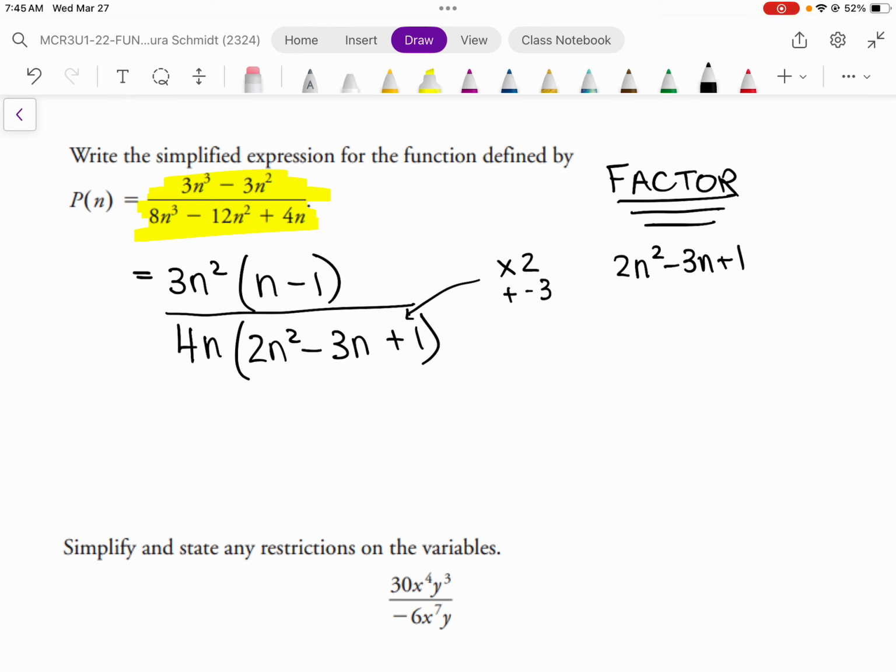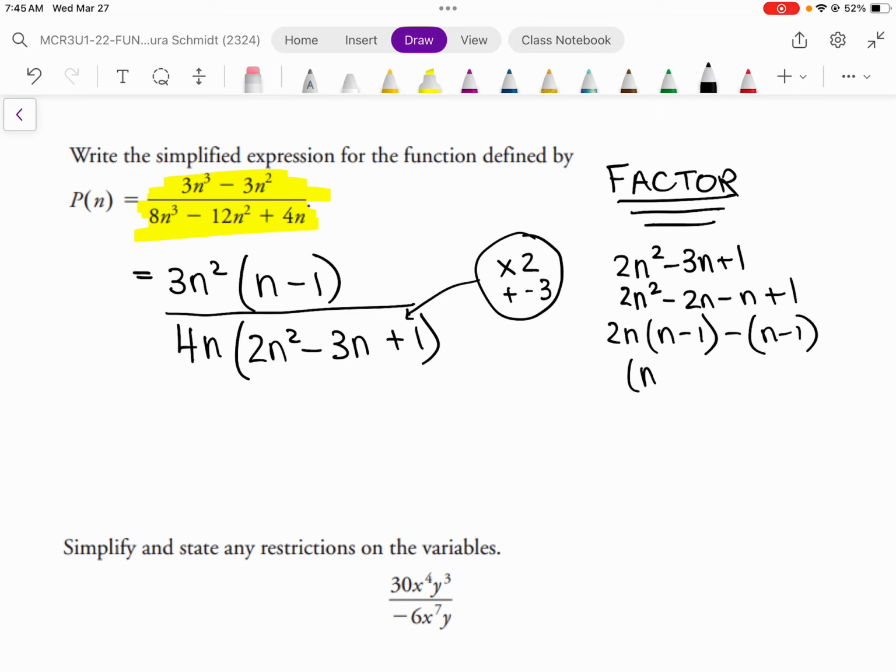Okay, so I found two numbers that do this. I'm going to replace my middle term with -2n minus n plus 1. Then I'm going to common factor each half. So 2n times n minus 1, minus n minus 1, leaving me with n minus 1 times 2n minus 1. So this is just a complex trinomial, and I'm just factoring it.